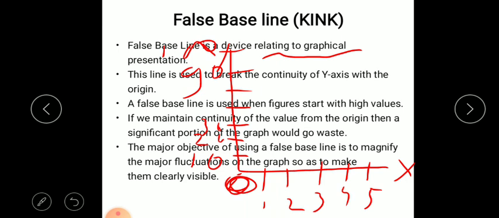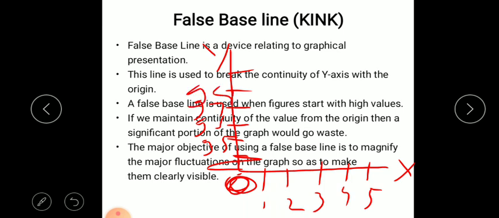But on the contrary, if you're using a false baseline, suppose something like this is 0, the false baseline is shown this way with a little bit of a kink, that is, you are cutting the line there at 0, then you are starting with 95, 96, 97, 98, 99, 100.